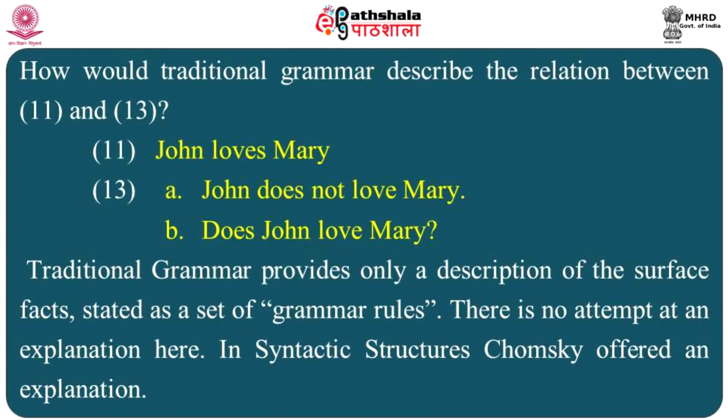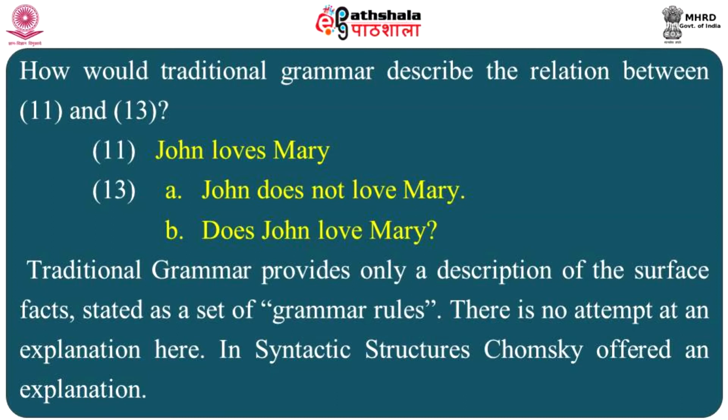How would traditional grammar describe the relation between the two sentences? That is, John loves Mary on the one hand, and the sentences John does not love Mary, and Does John love Mary?